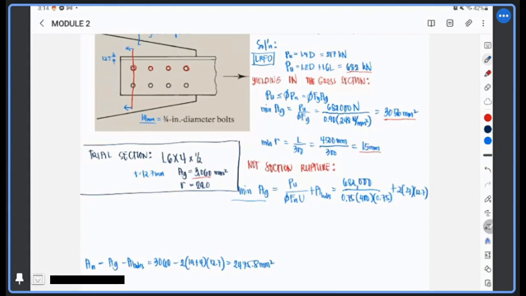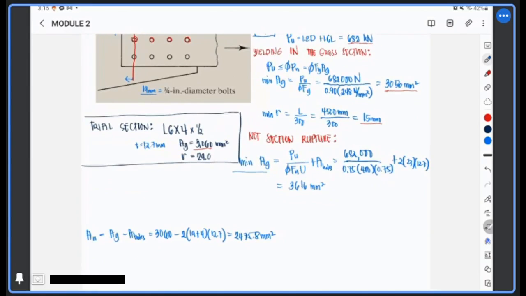And that's equal to, the minimum gross area is 682,000 over 0.75 squared by 400 plus twice of 23 by 12.7. It's around 3,615. 3,616 na lang. Square millimeter.